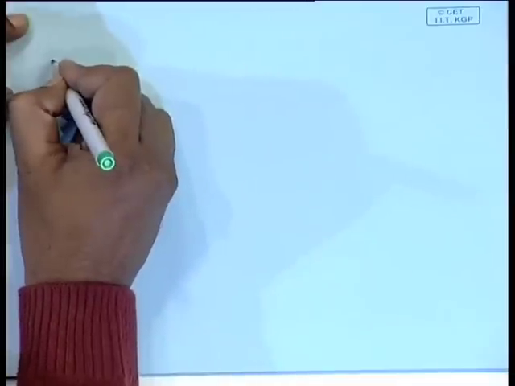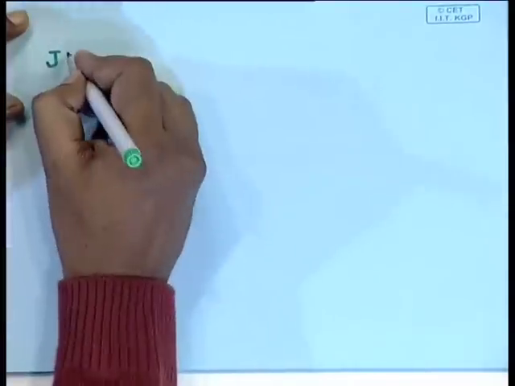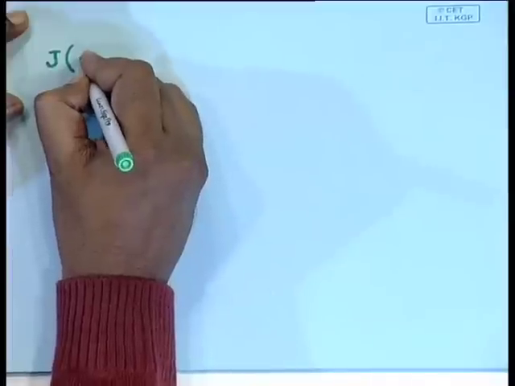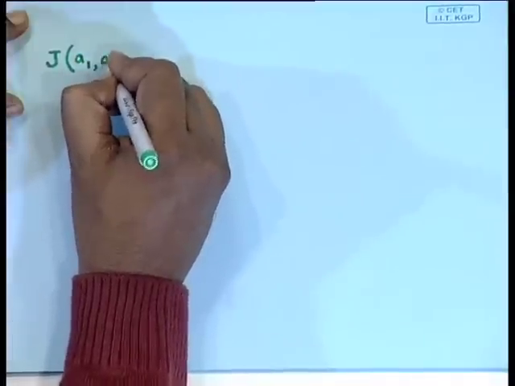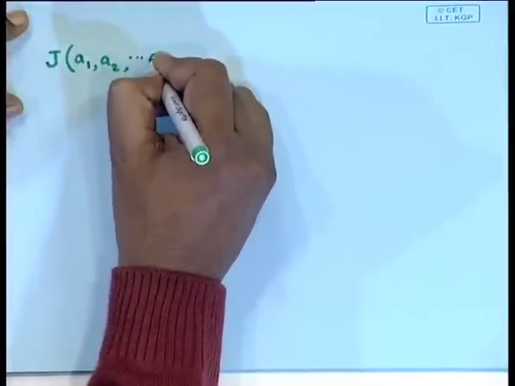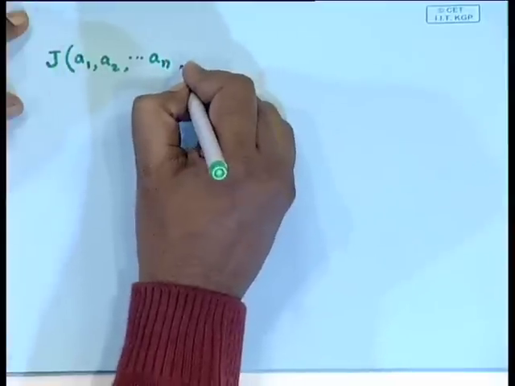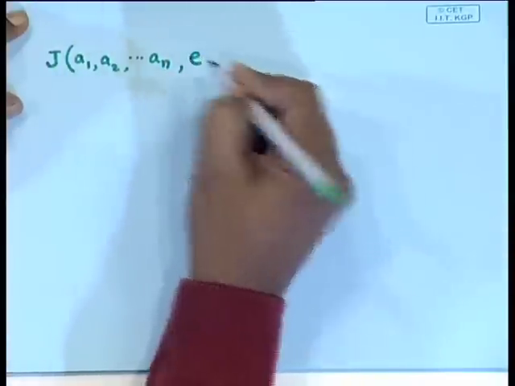So what I can do is, taking all these points together, I can define an error function or a criterion function. The usual way you represent it is by J. Obviously, it will be a function of a 1, a 2 up to a n, and it will also be a function of the direction of the line, which is e.